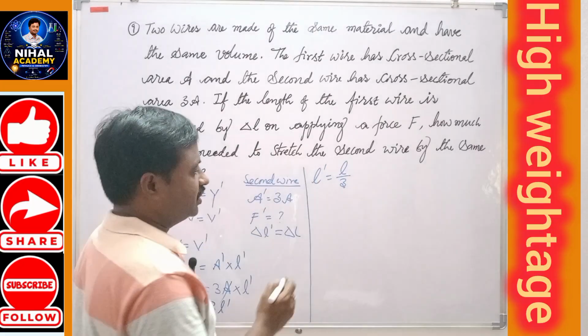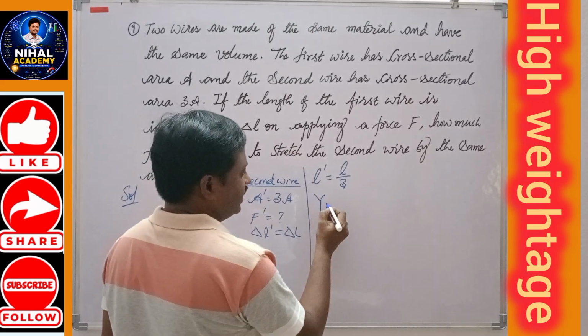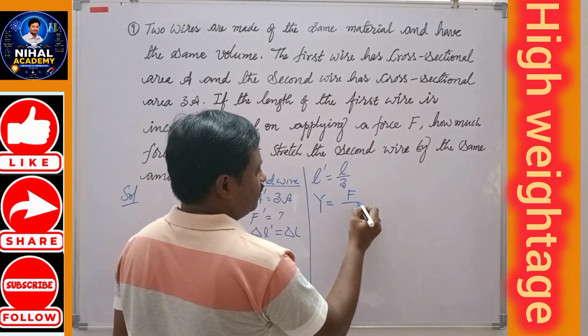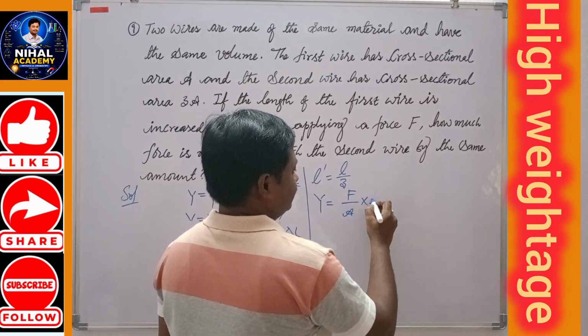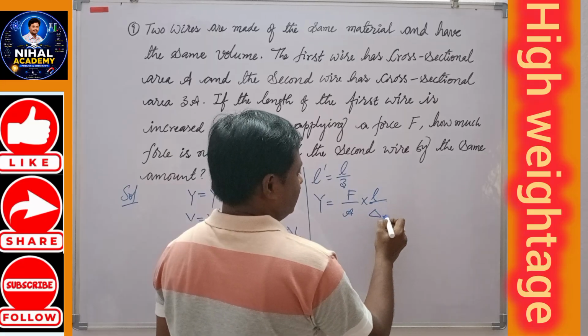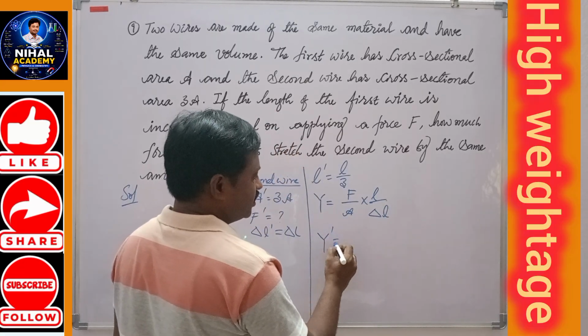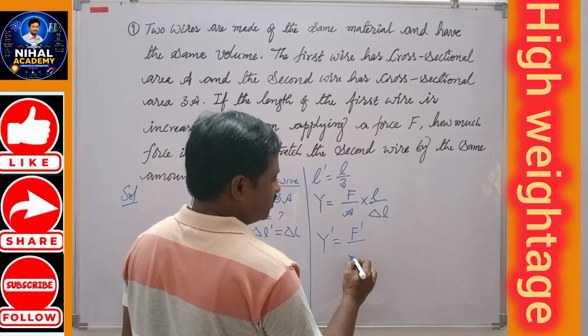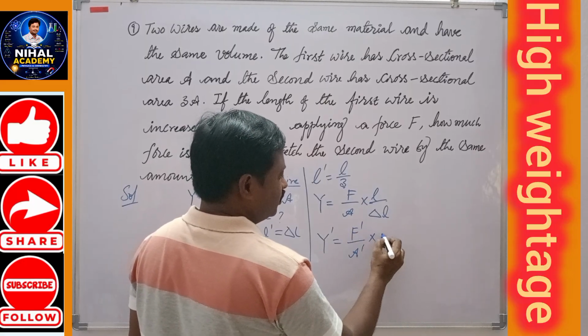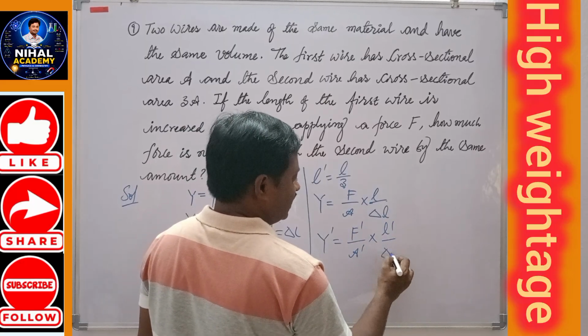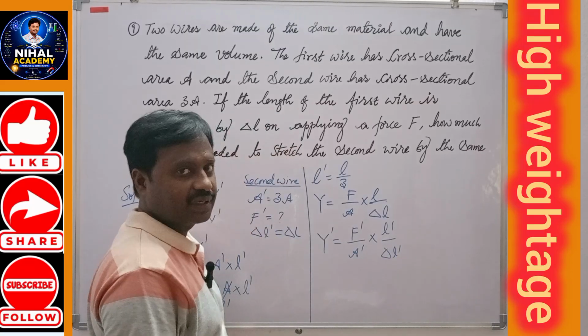For the first wire, how can you write the Young's modulus? Y is equal to F by A into L by delta L. For the second wire, Y dash is equal to F dash by A dash into L dash by delta L dash.